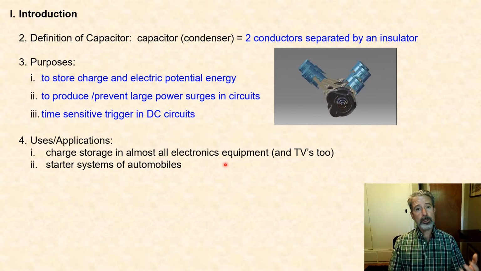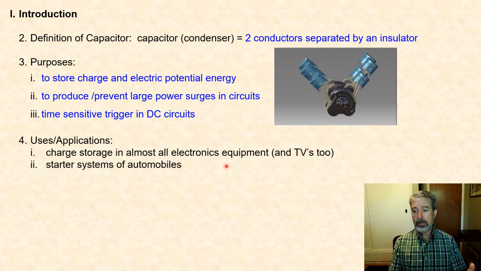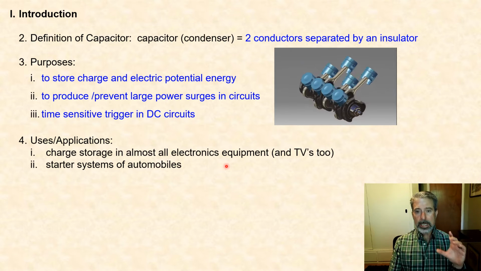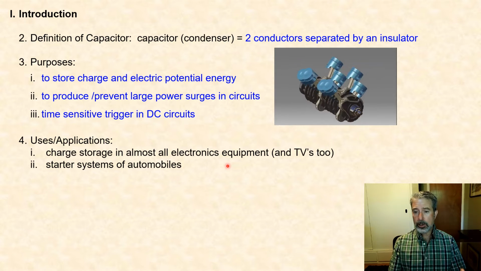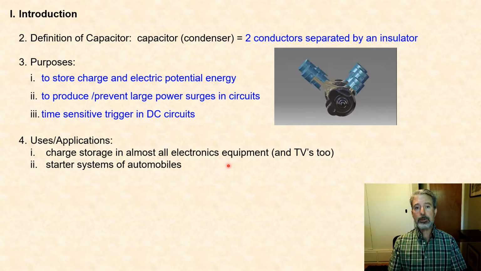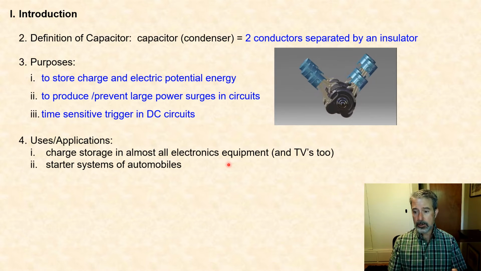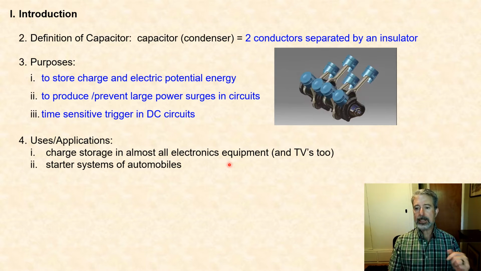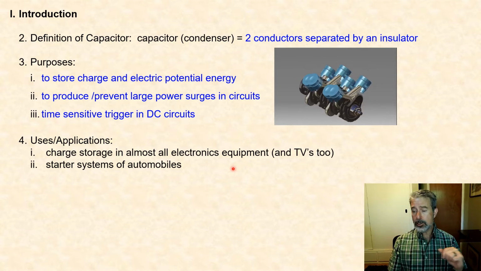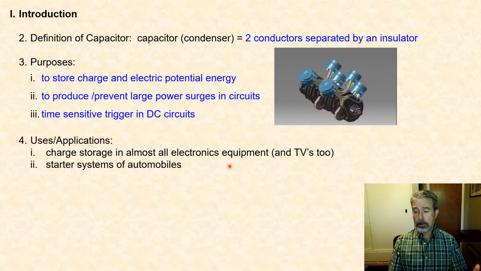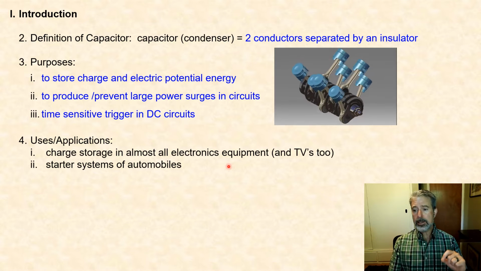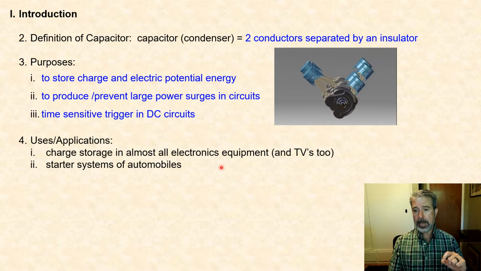The battery can slowly charge that capacitor up, and that capacitor can release that charge very quickly, releasing that electric potential energy to provide a surge of energy to get that engine to turn over. It certainly can't maintain it, but it's capable of producing a lot more power than a 12-volt battery can.